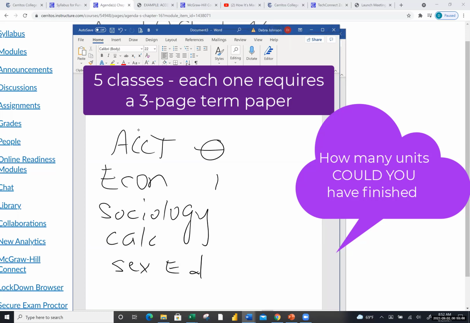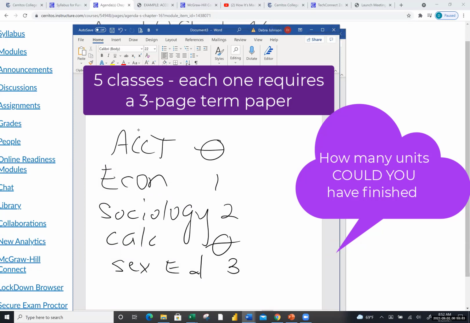So you do 1 page out of, remember, there's 3 pages that each one requires. And sociology kind of interests you. So you do 2 pages on that one. Calculus is still the class that gives you nightmares. I'm talking to myself. So you do nothing on that one. And sex ed really interests you. So you finish that one on the first day of class, 3 pages.